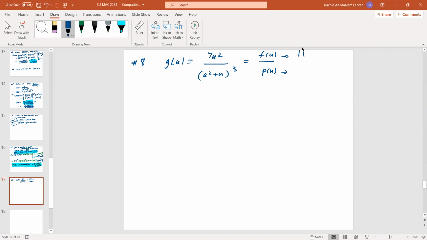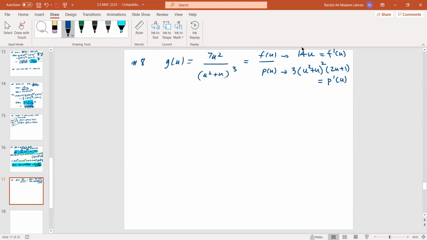The derivative of 7u squared is going to be 14u. For the bottom one, in the denominator, you will do 3 times (u squared plus 1) squared. Then you need the derivative of the inside, which is 2u plus 1. And that's going to give you the derivative of that.